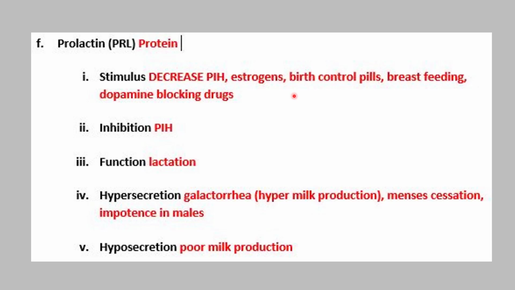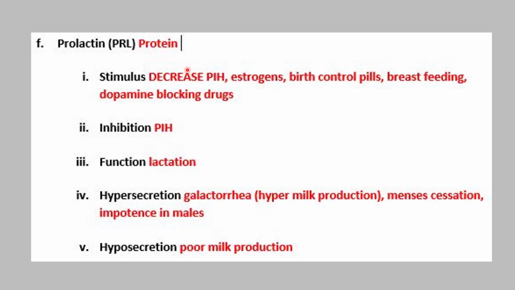Prolactin can be stimulated by TSH, thyroid stimulating hormone, but really its stimulus is a drop in prolactin inhibiting hormone. Incidentally, prolactin inhibiting hormone has another name. Its other name is dopamine, which most of us have heard of. Dopamine is PIH. So if dopamine drops, prolactin is released.